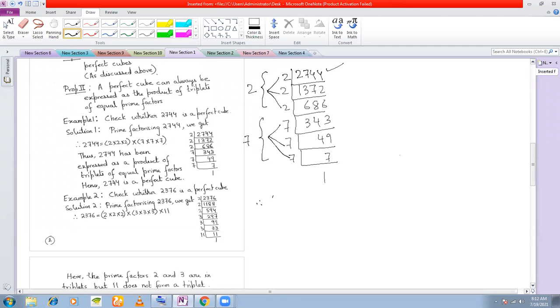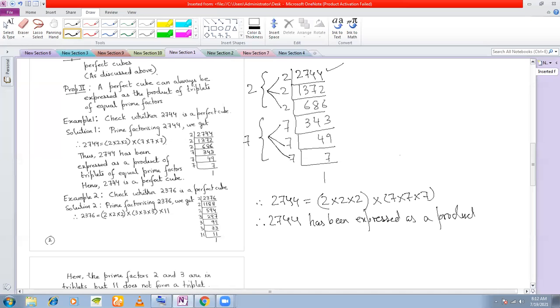So therefore, you can write 2744 as a product of triplets of equal primes.